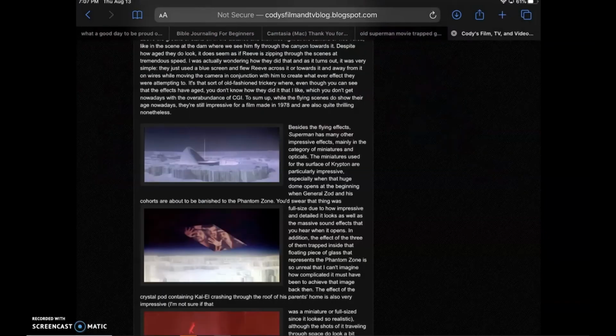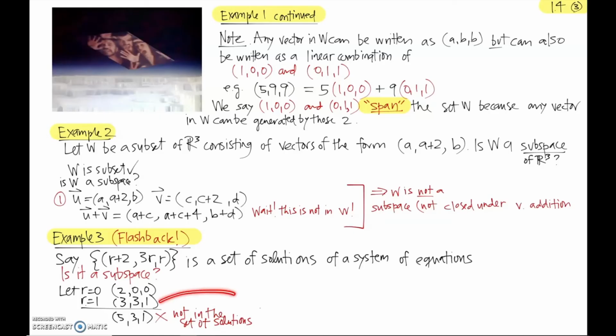Oh no. So because 5, 3, 1 is not in the set of solutions, this set is not closed under vector addition, and so it's not a subspace.